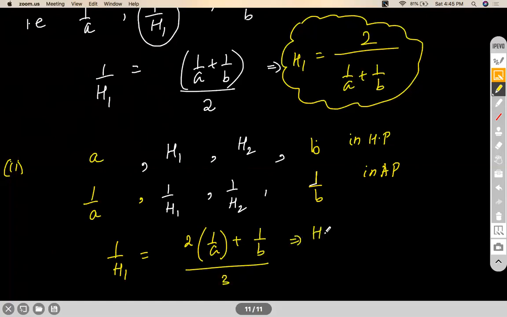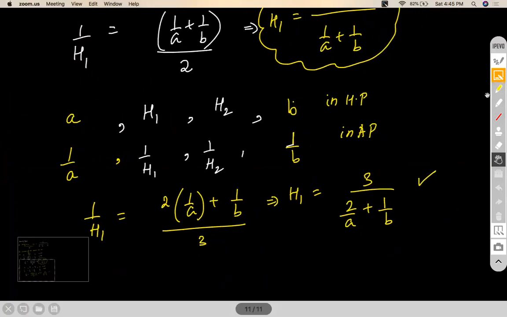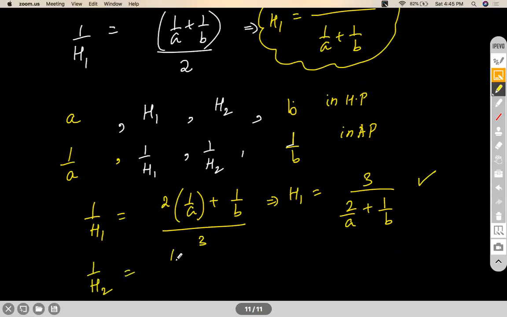So this itself gives you the answer, which is nothing but 3 divided by 2 by A plus 1 by B. Again, look at the pattern. Pattern is very important. And 1 by H2 used to be 1 by A plus 2 by B whole divided by 3, which means H2 is 3 upon 1 by A plus 2 by B.